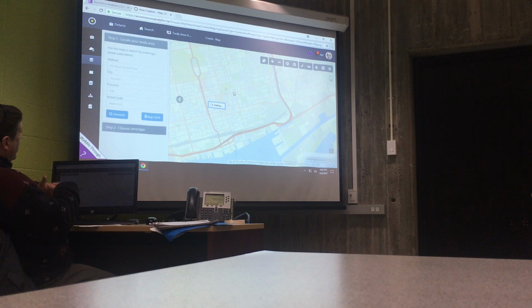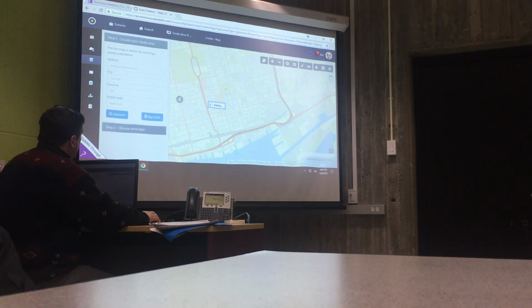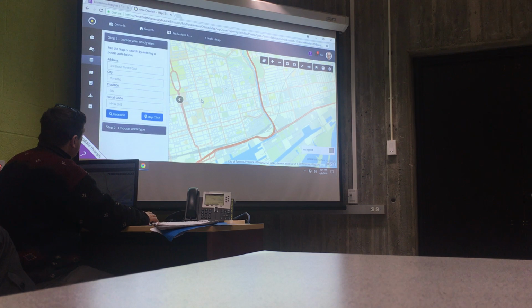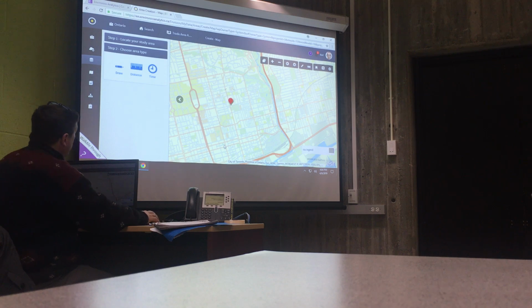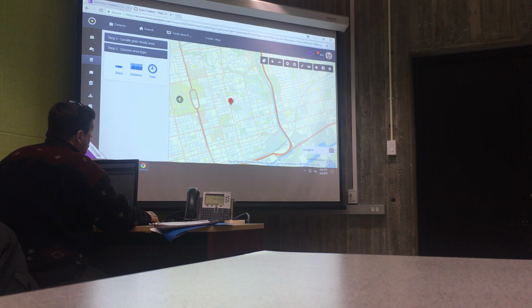One is you can choose an area here, sort of like this, and just click on a point like here. That point, wherever that point is, I'm not sure, it's somewhere in downtown Toronto.